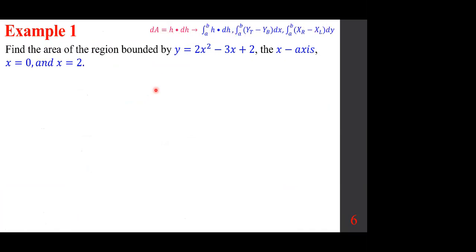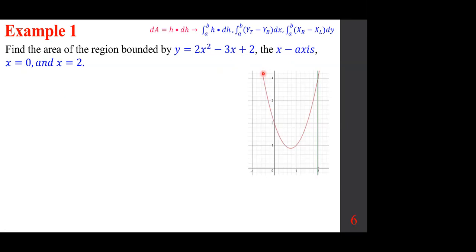We want to find the area of the region, which is bounded by this function, the x-axis, x equals 0 and x equals 2. So the very first thing is the graph. I'm assuming everybody can graph it. So here's the function. Here's the x-axis. Here's x equals 0.